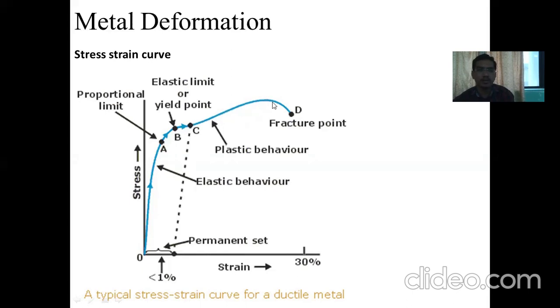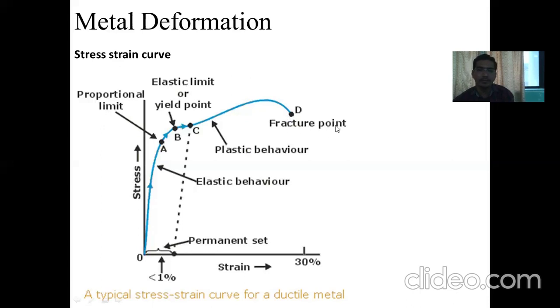Here you can observe a maximum loading condition, the maximum stress and maximum deformation. This region is called the neck formation. After that, the load decreases somewhat and the material fails after some further deformation.